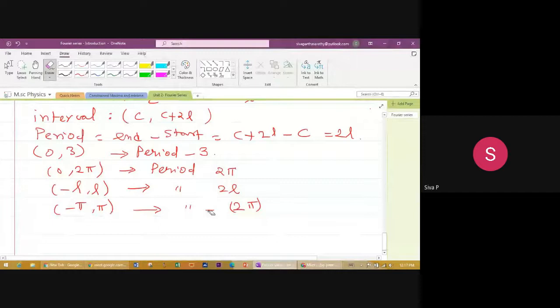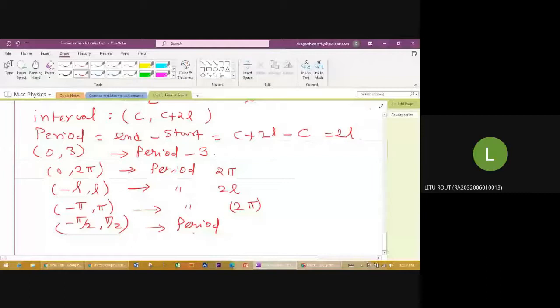Next one. In case minus pi by 2 to pi by 2 is the interval, then what is the period? Finding the period is important for any interval. Pi is the period. Okay, fine.